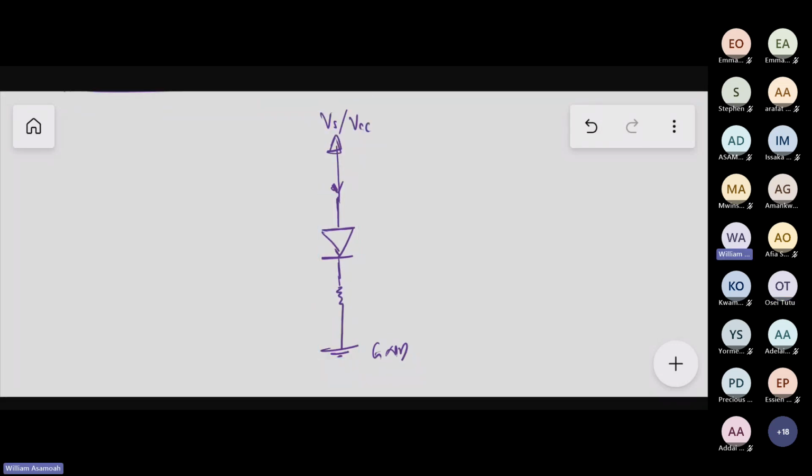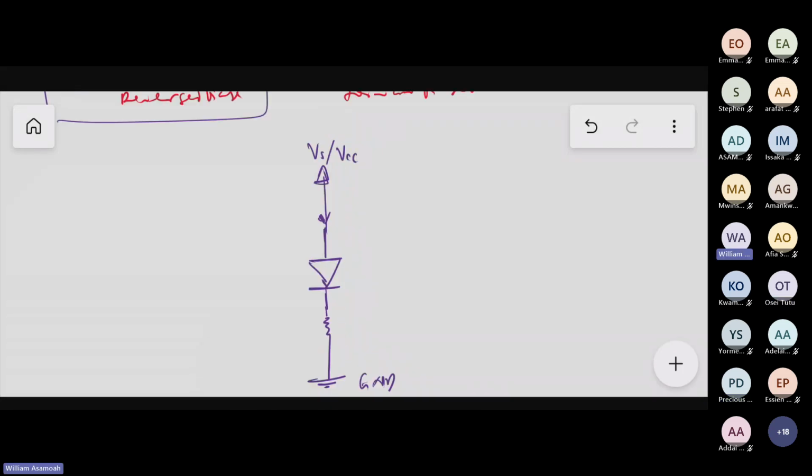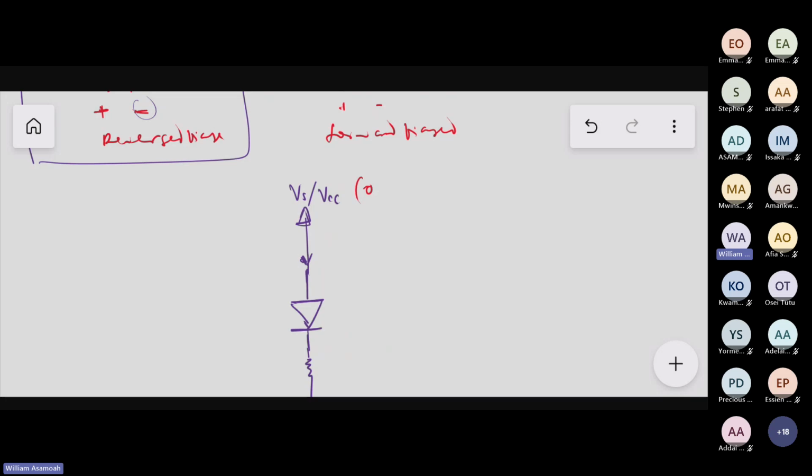Let's say the supply voltage is starting from 0. It's building up small. So it starts from 0, then it increases to 0.1 and increases to 0.2.